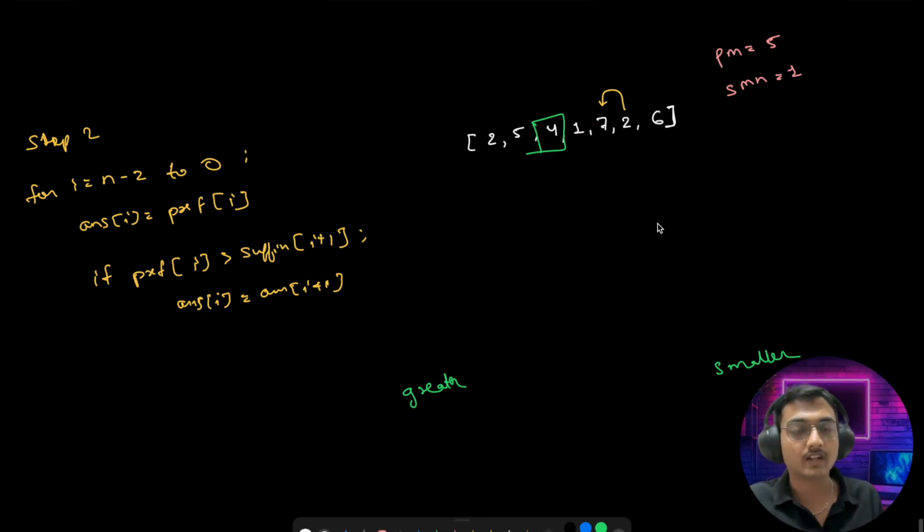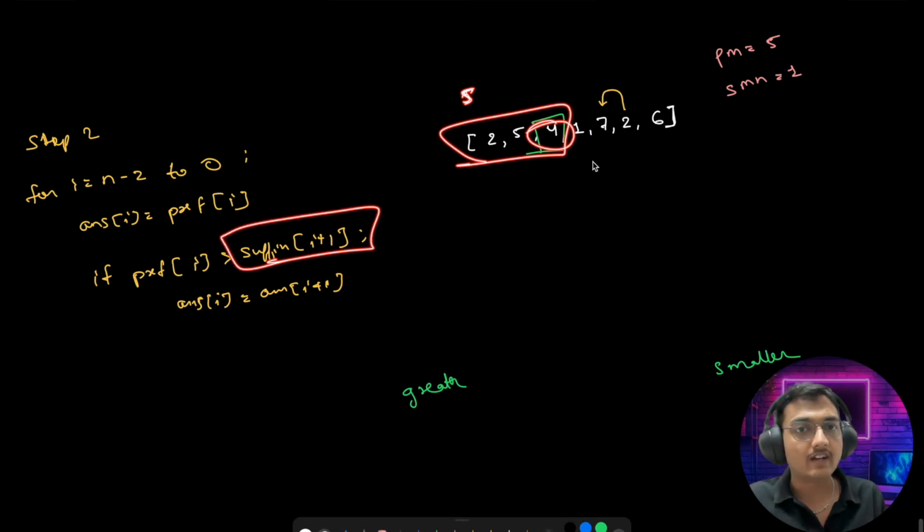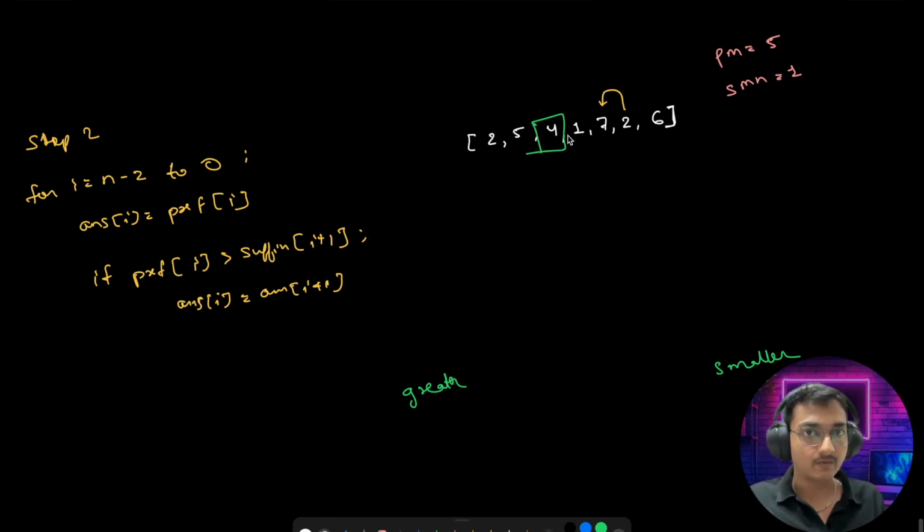For example, when I'm trying to find the minimum number, for this example the prefix max is 5. When I was trying to find the suffix at I plus 1, I got a 1 here, right? So in this case the suffix was lying just here.